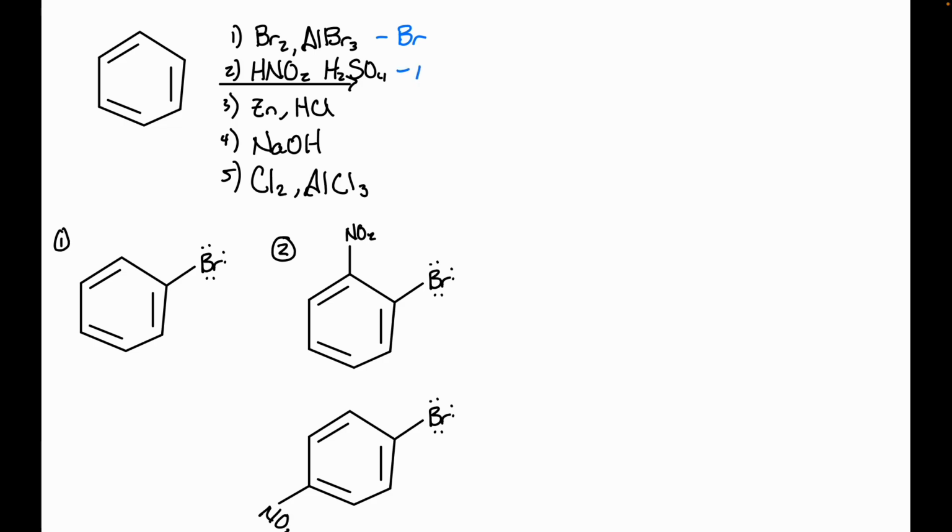The second step is that nitration reaction, putting a nitro group on the ring. Since bromine is an ortho-para director, we get one product where it's in the ortho position and another where it's in the para position. Now these reactions here, my zinc HCl, importantly, this is not going to put anything new on the ring. It's going to convert that nitro group into an amine.